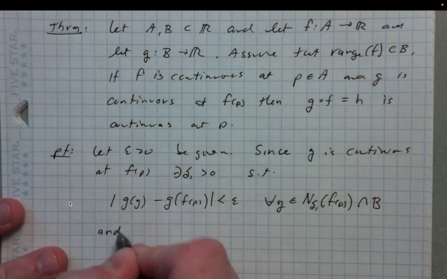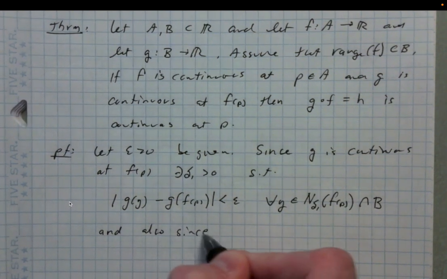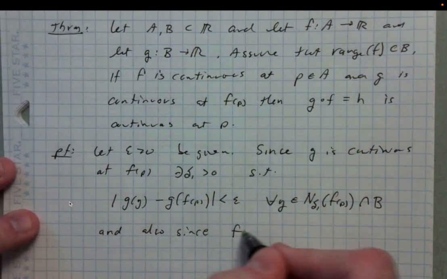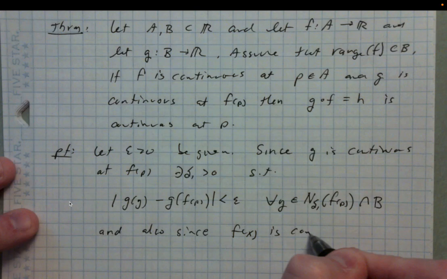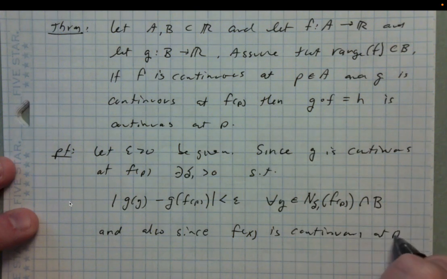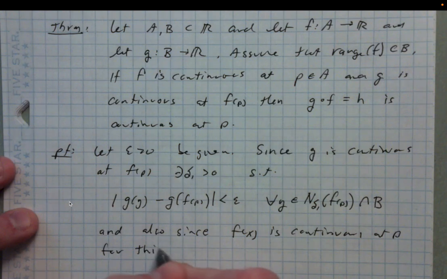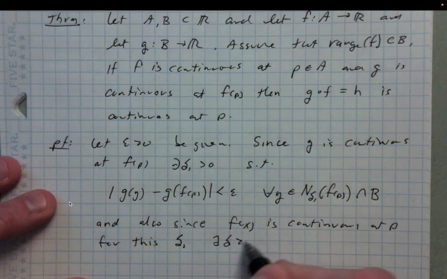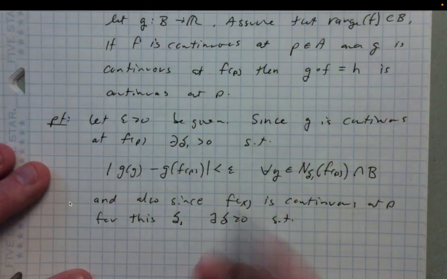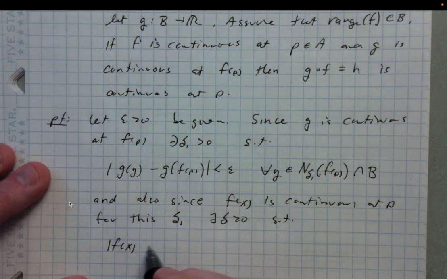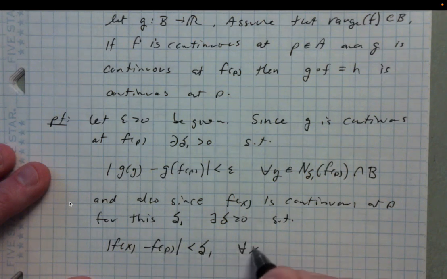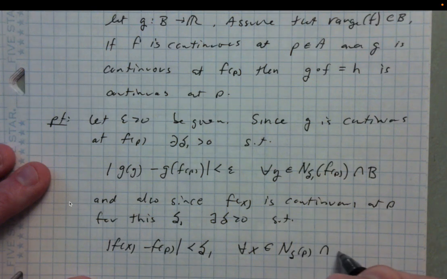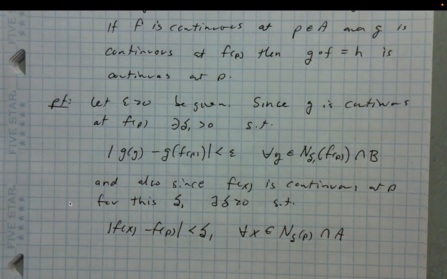So that's one part of it. And also by assumption, since f is continuous at p, for this same delta 1, there's going to exist another delta greater than 0, such that f of x minus f of p is less than delta 1 for all x in the delta neighborhood of p, and I'll say intersecting the domain A. Okay.